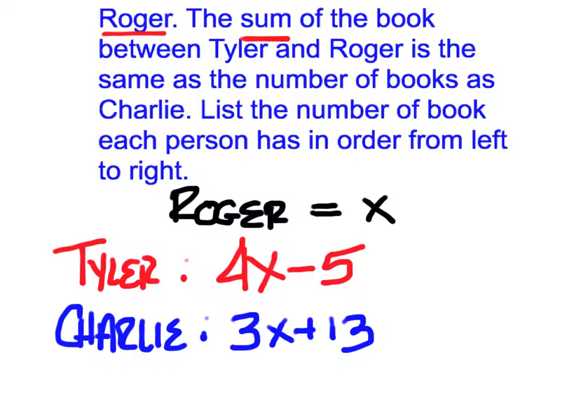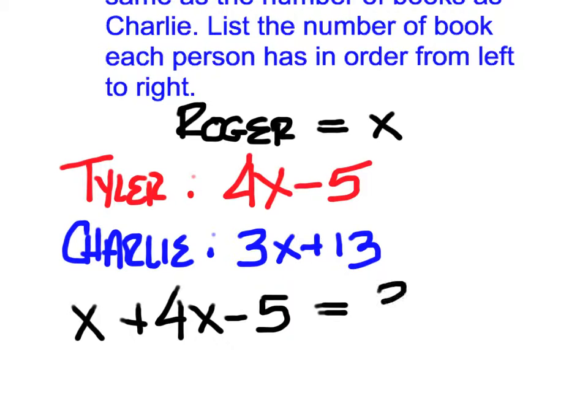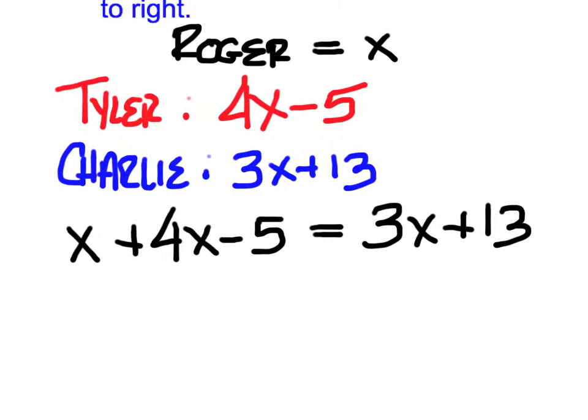The sum of the books between Tyler and Roger is equal to Charlie. So Tyler and Roger added together. Roger is x, Tyler is 4x minus 5. That is equivalent to what Charlie has. Now on the left side you have x plus 4x, that is 5x.